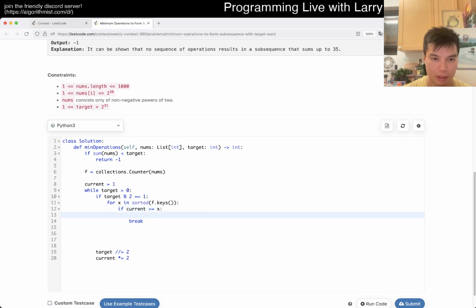We want found is equal to x, and then now we greedily okay.